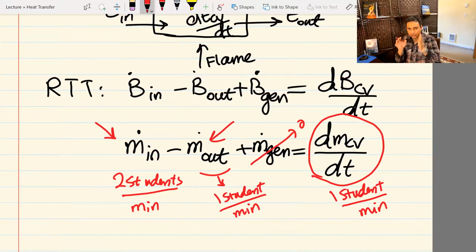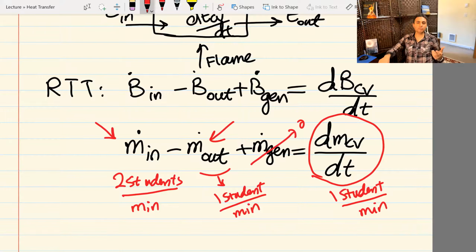So if you look at the control volume, which is the classroom, the boundaries of this classroom, every minute the number of students in that classroom is 1 student more than the previous minute. That's the change of property, in this case mass, of this control volume.